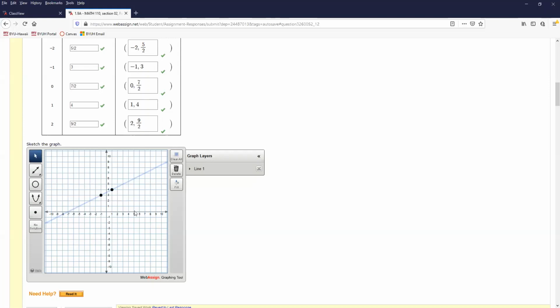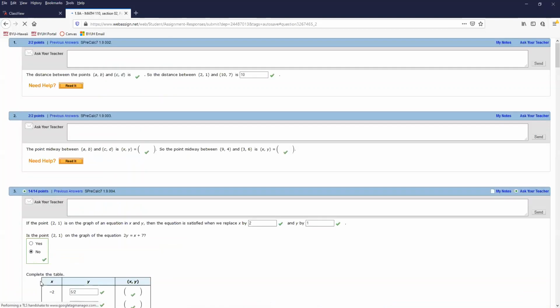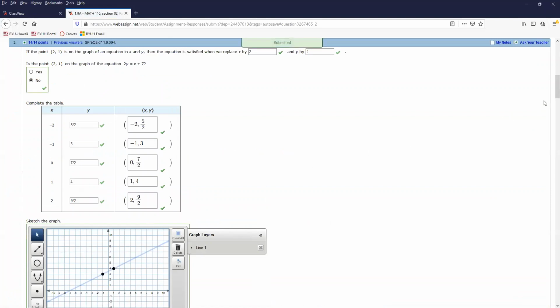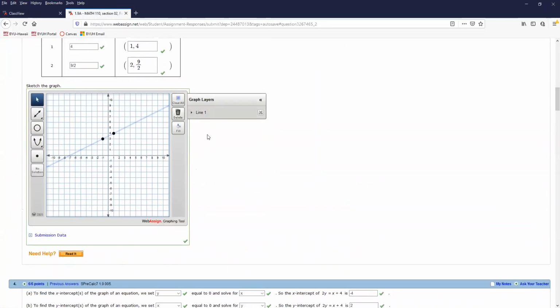And I believe, let me think, I think that's going to do it for us. So when you put the second point in, it automatically drew that line there. I'm going to submit. It looks like they've changed the tool, so I'm not quite sure if this will accept this. Yeah, okay, it gave me the green check mark.